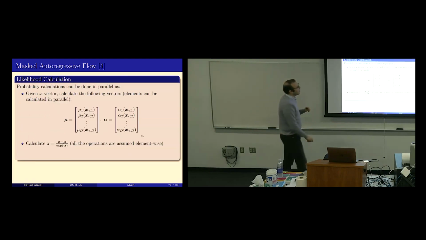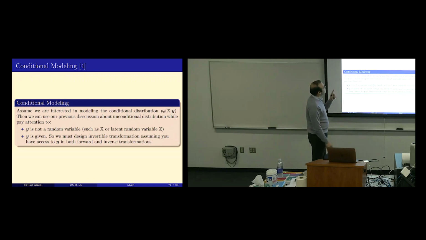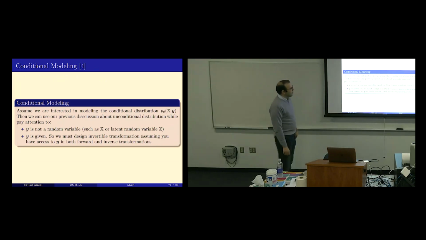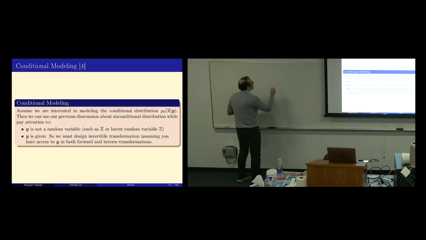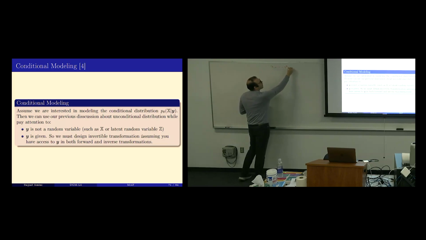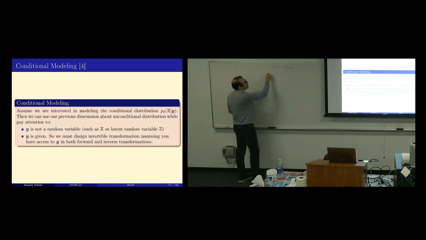Now we want to know how we can use conditional generation in autoregressive flows, and especially masked autoregressive flow. Now, assume that instead of, for example, MNIST data alone, you have access to both MNIST images and also their labels.